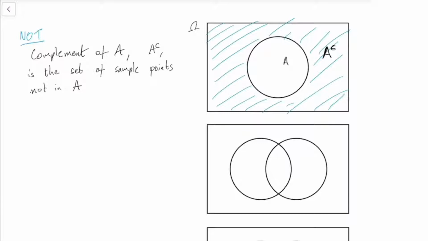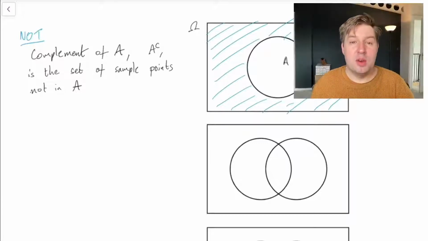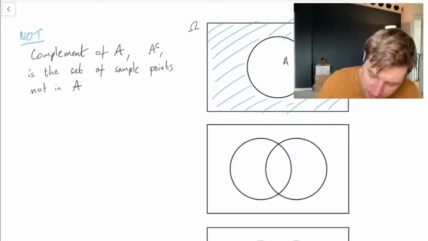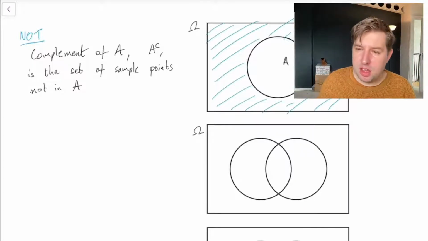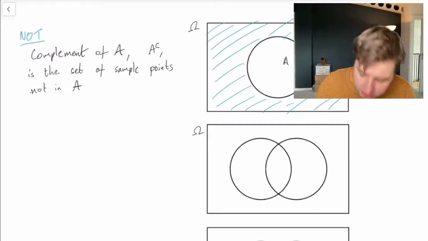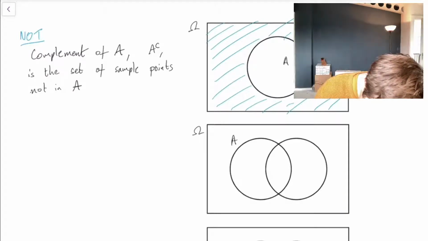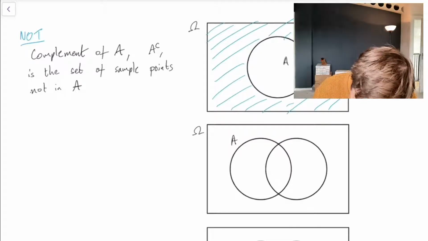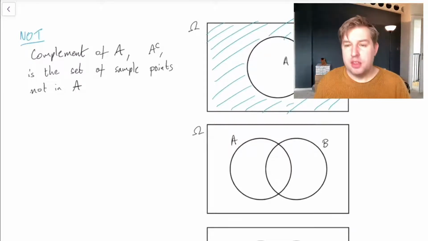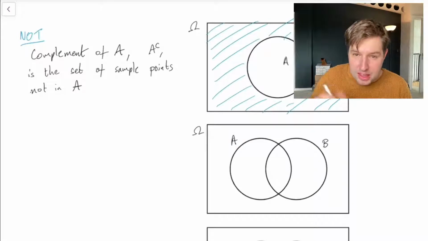Okay, excellent. We can continue on with the next picture down. Again here, the square on the outside is representing omega, the entire sample space. And here we've got two events. The circle on the left, including the overlap bit, is A. The circle on the right, including the overlap, is B. Of course, there's the bit in the overlap.